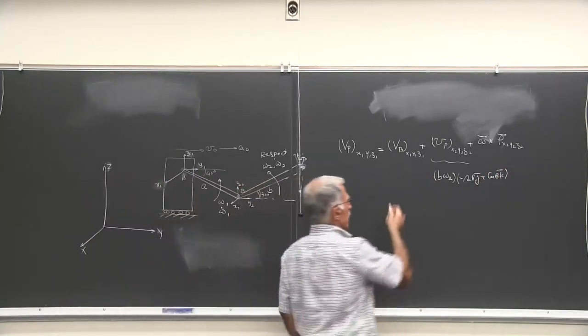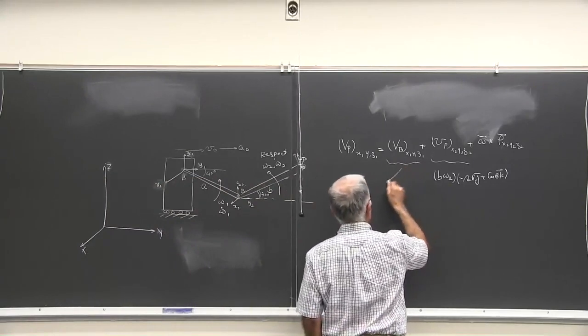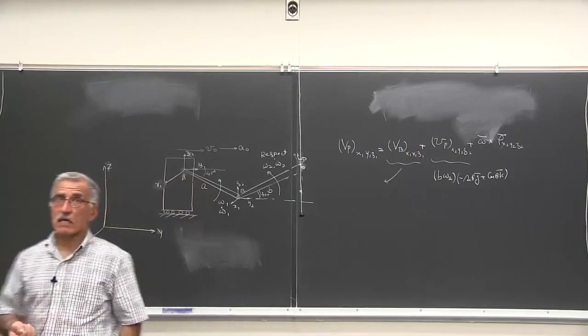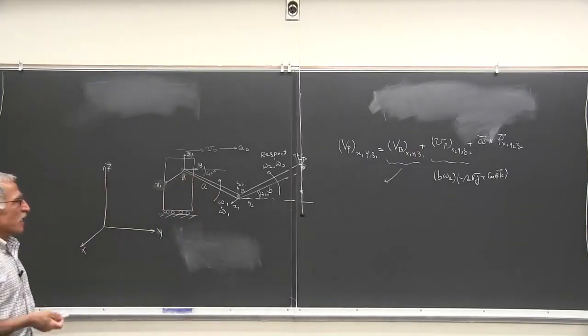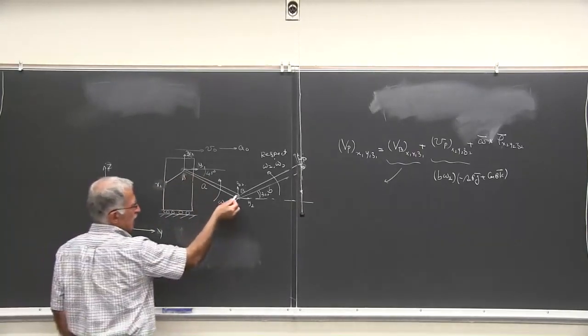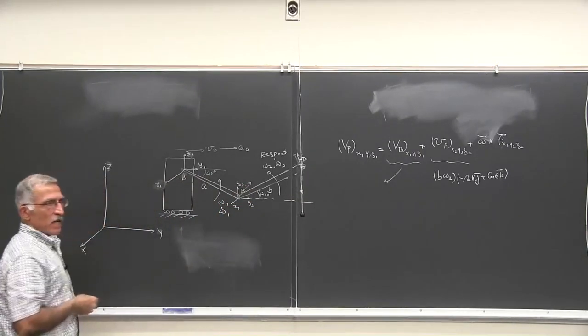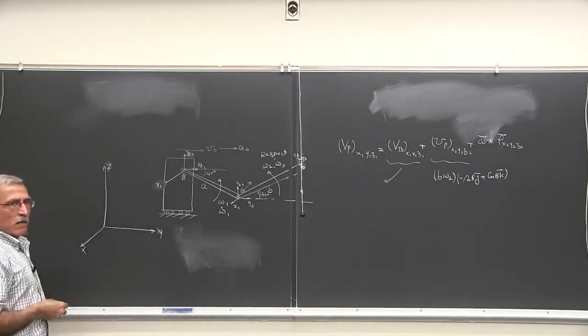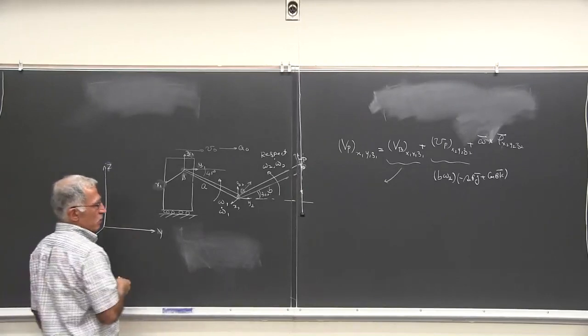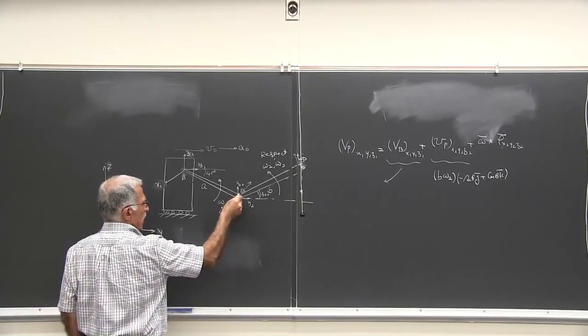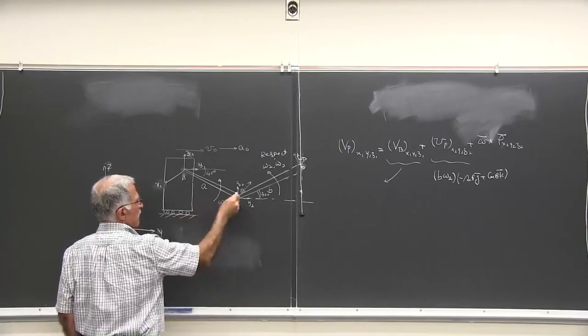Now, what is this term? Velocity of point B with respect to x1, y1, z1, again is r omega or r theta dot, and that velocity is in this direction, normal to here, and it's going in that direction. Again, these are mutually perpendicular, so this is perpendicular to this, and this is perpendicular to that.